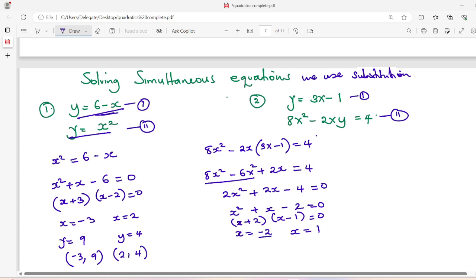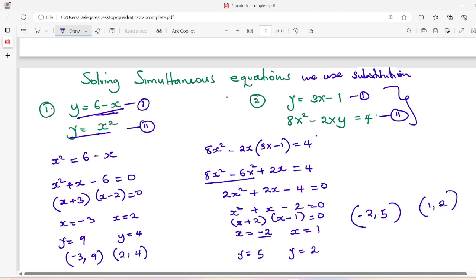So when x is -2, I substitute in any of these, that is easy. So when you make your x to be -2, you end up having your y as 5. And when you make your x to be 1, you end up having your y as 2, meaning my coordinates of intersection are -2, 5, then 1, 2.